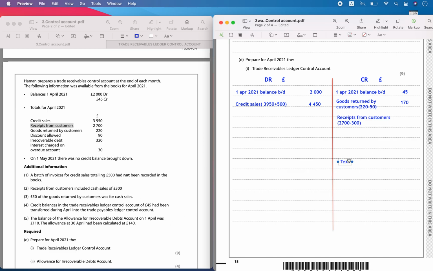So 2700 minus 300, that would be 2400. And then we had discount allowed, because they paid some amount. So that value is going to be equal to 90. Okay, so discount allowed was 90.